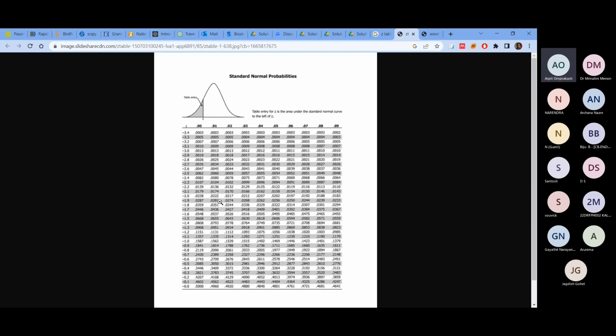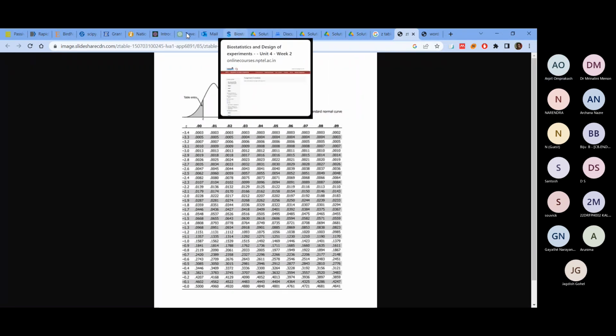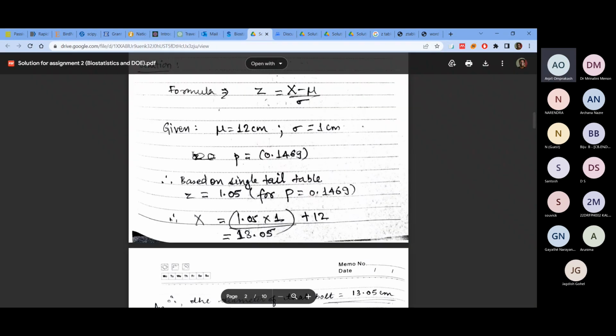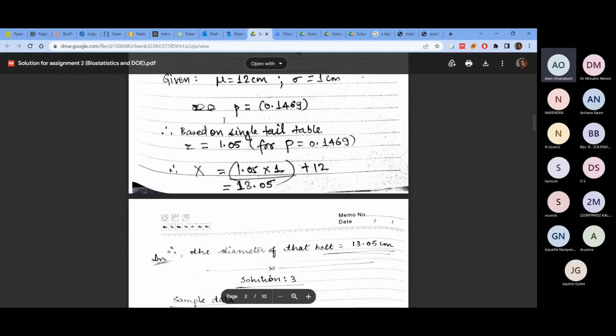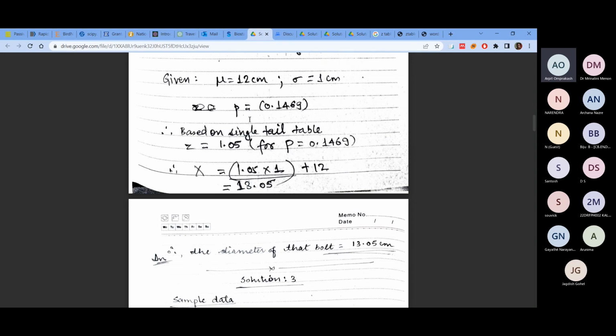You look for that value 0.1469 and you get it at a z-value of minus 1.0 or 1.0. Here they have taken 1.05. So there will be little variations from table to table. They must have followed a different table. So the one probably the instructor has shown is in the videos. You can consult that table.